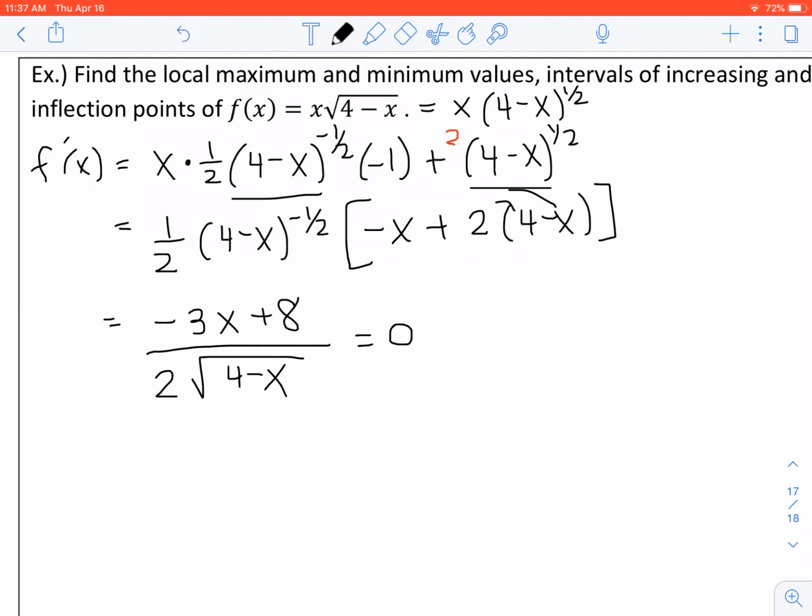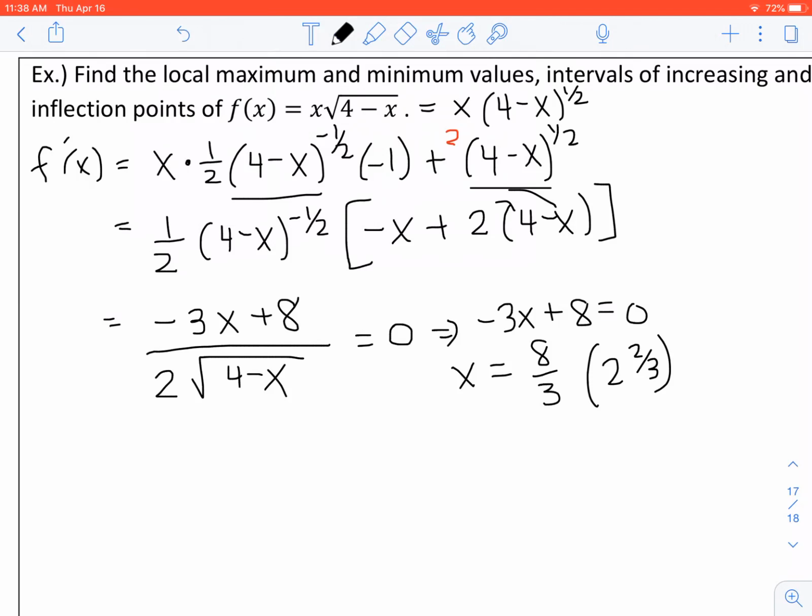So if you were to solve this, this is going to equal 0 when negative 3x plus 8 is 0. Subtracting 8 and dividing by 3, we get x is equal to 8 over 3. As a mixed number, this would be written as 2 2/3.